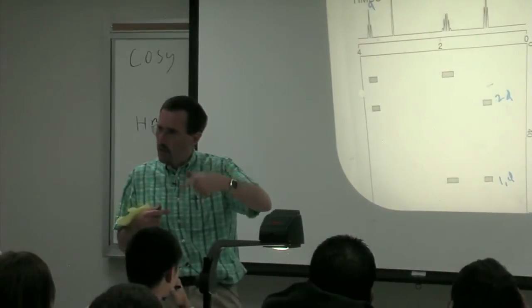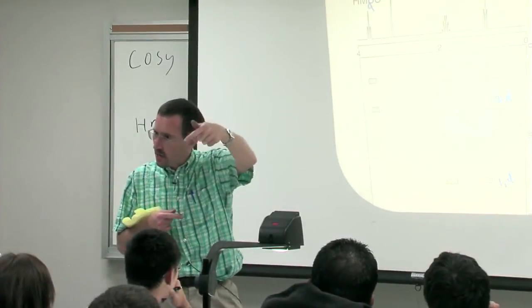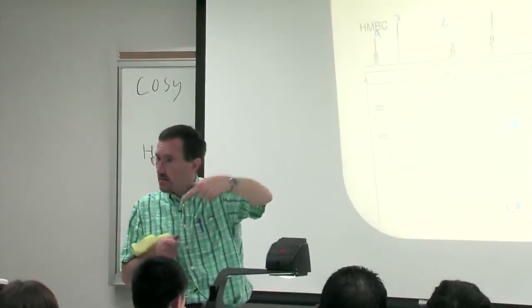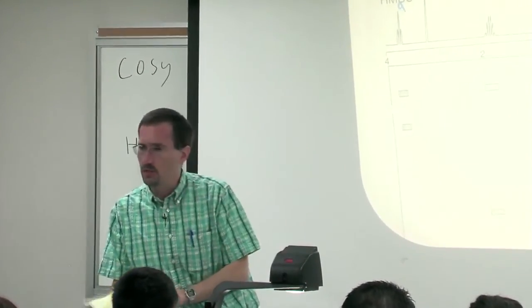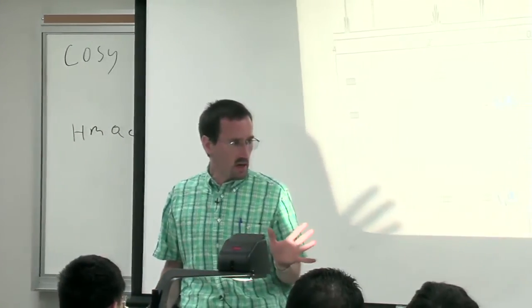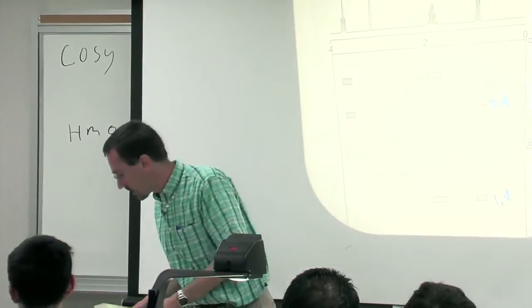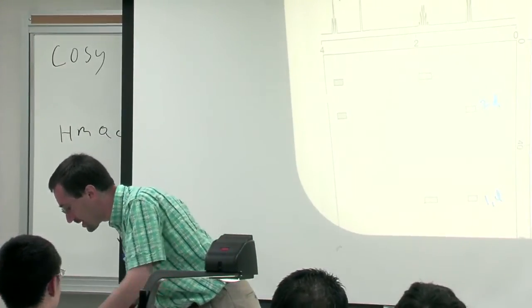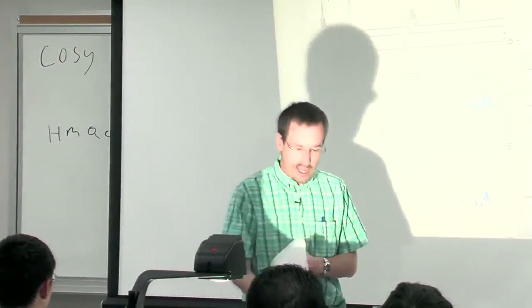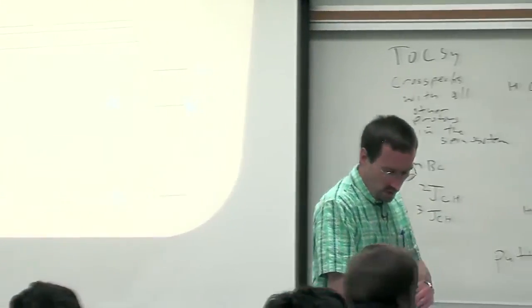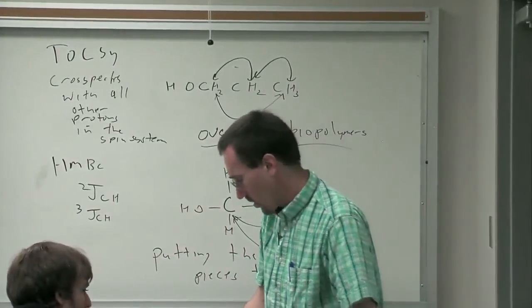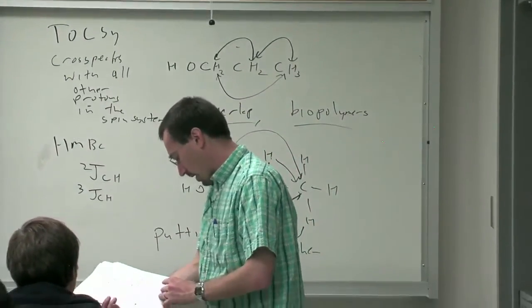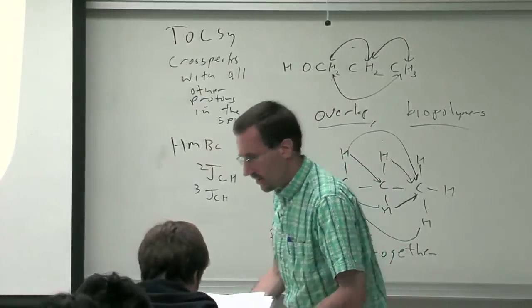Are they nearest neighbors, or are they neighbors one down the road? But don't worry about this right now. We're going to spend a week or two not using HMBC. What I do want to start us out on now is an example with HMQC and COSY, and show you how beautifully they work together and show you how I solve a simple problem.